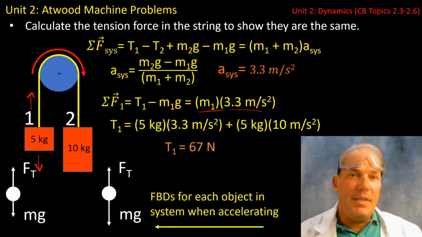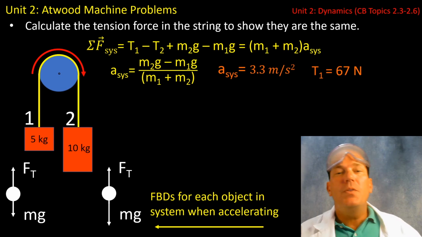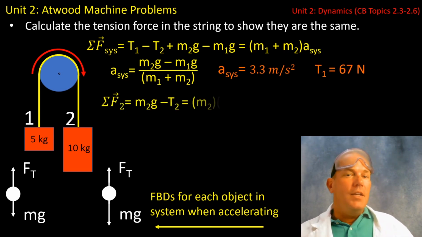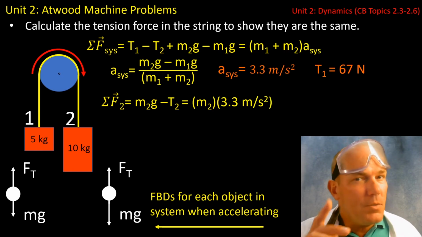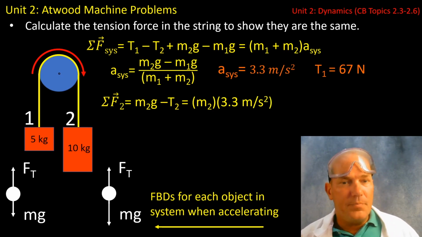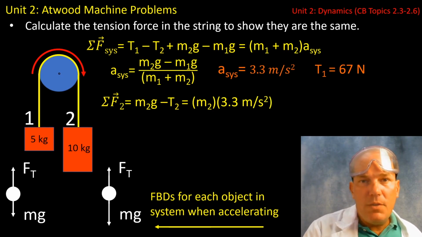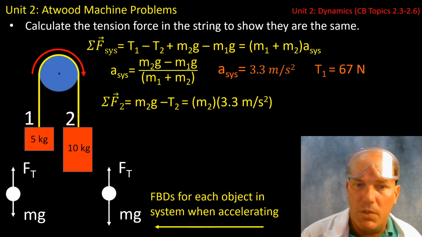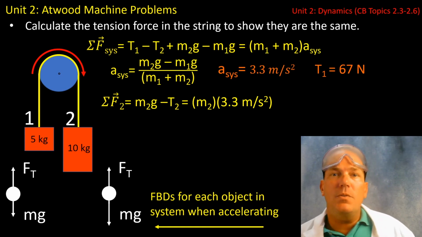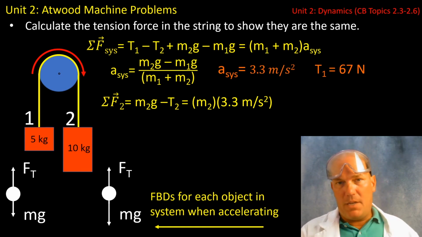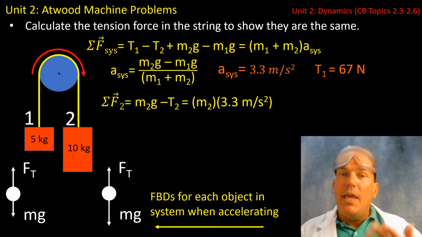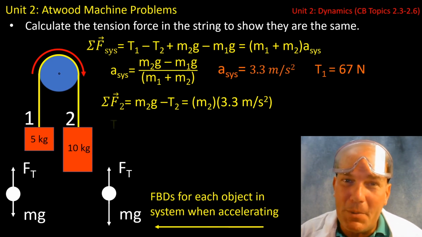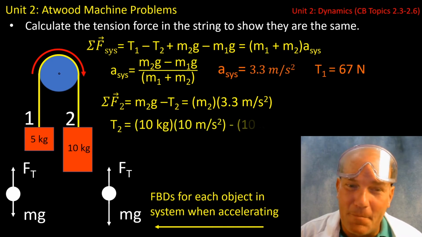Now check this out. We're going to apply the same logic to the second hanging mass. Let's sum the forces for it using the exact same approach, but remember our directions. So M2G was in the positive direction, so I'm subtracting the tension force 2, setting that equal to now the mass of object 2, or 10 kilograms, and our shared system acceleration of 3.3 meters per second per second.